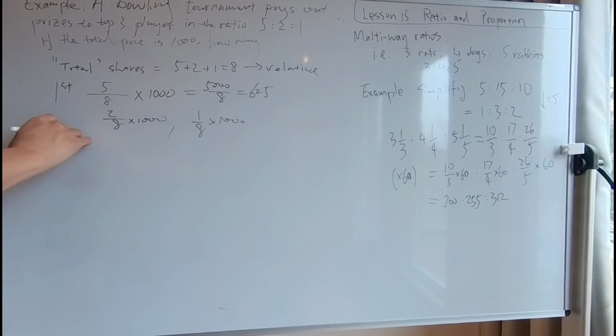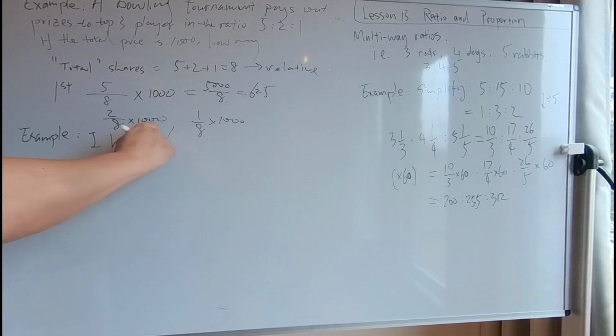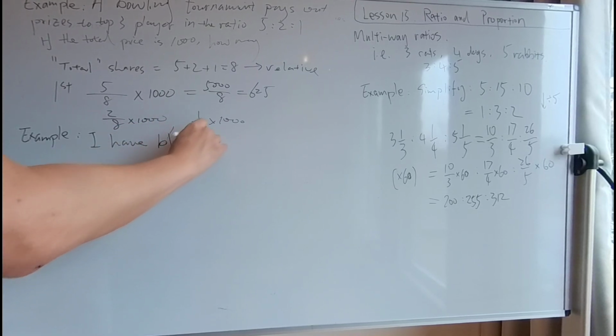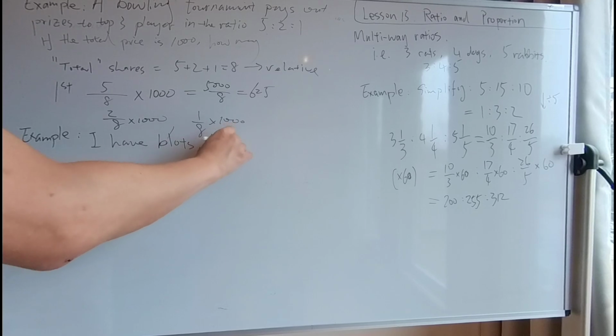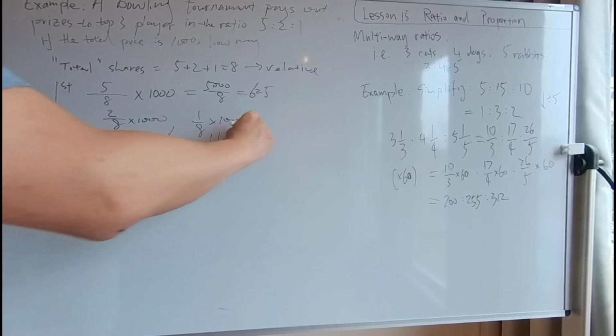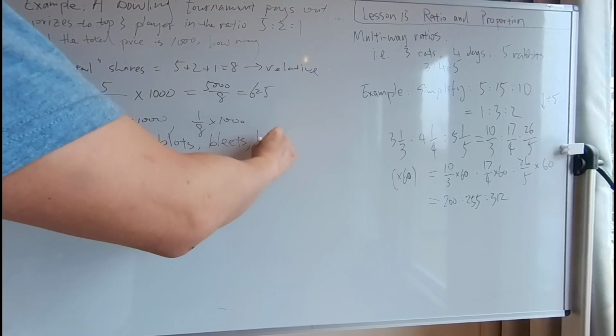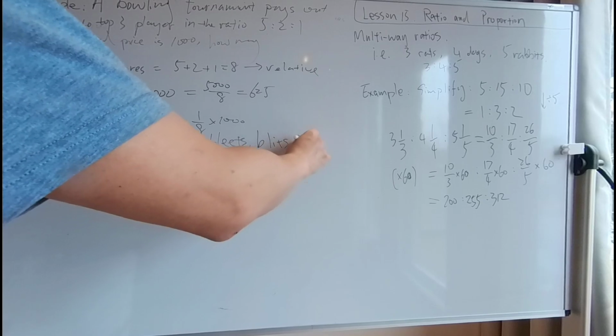Let's see one more example. I have 3 types of seeds, blots, bleeds, and blits, in the bag.